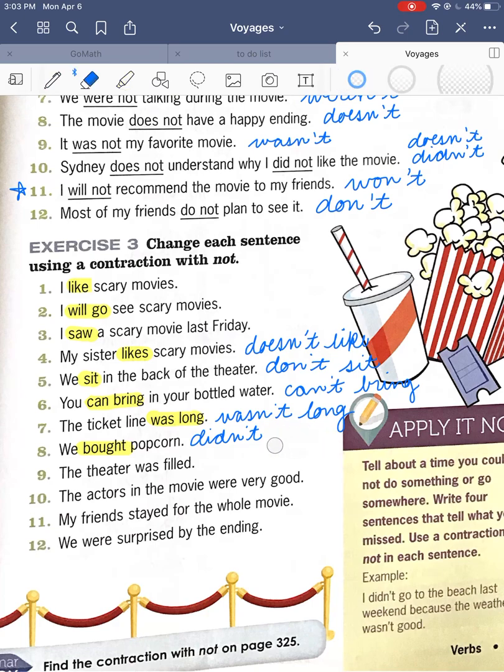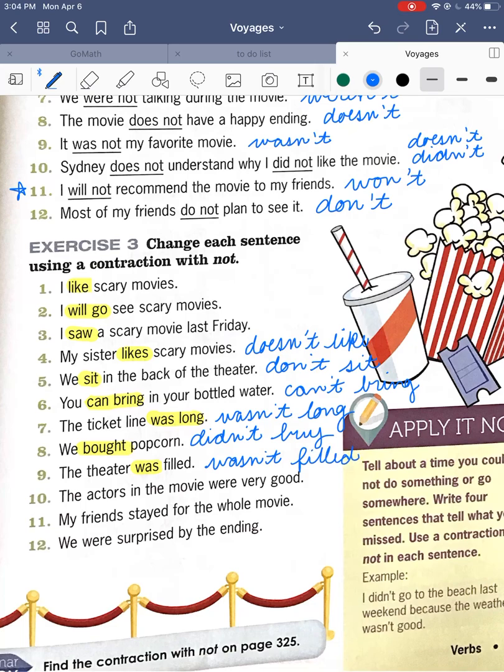So it's another one that's past tense, so you have to say didn't, but then you have to change it to buy instead of bought. We didn't bought popcorn doesn't sound right. The theater was filled. So if the theater was not filled, we'd say the theater wasn't filled.